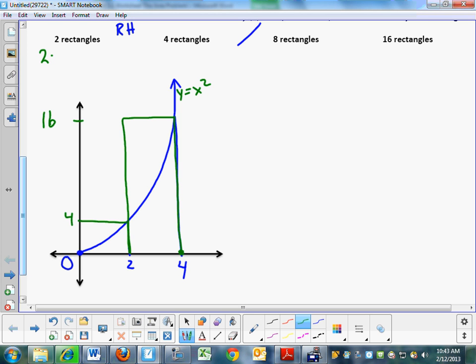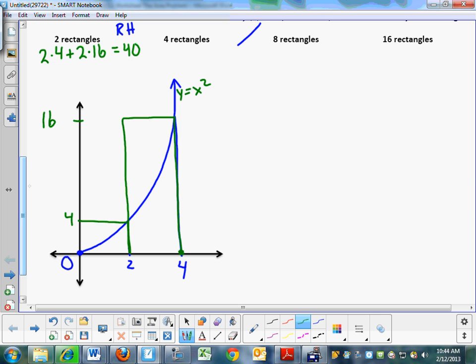So 2 times, what's the height of the small one? 4 plus 2 times 16. So we would get 40, which is a very large overestimation. Should we come up with a better one? Let's do that.